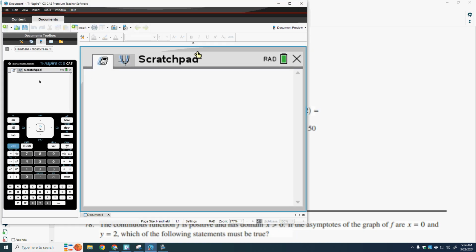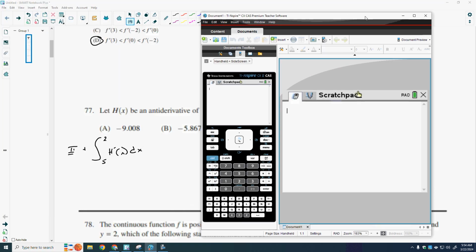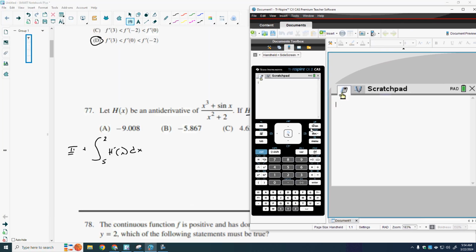Can I do both at the same time? We can do both. All right, so we have pi plus, probably should have done this ahead of time. Well, I'll just keep going.